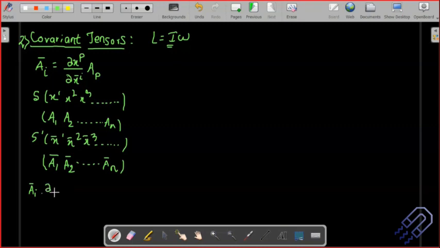So this would be del x bar i divided by del x k is equal to del x p by del x i bar, the same, into this one I have done. So I'll operate with this on this side also. We are doing mathematical operations, and in mathematical operations we need to maintain the order and follow certain rules, and that's very important. Into a p.